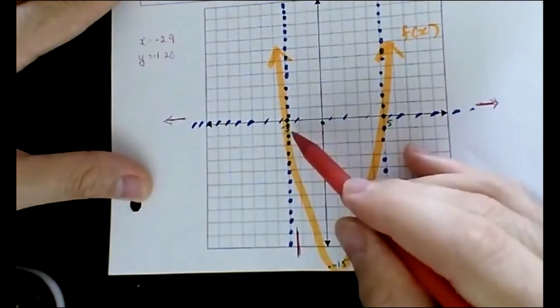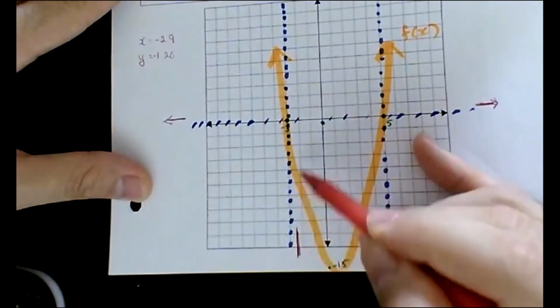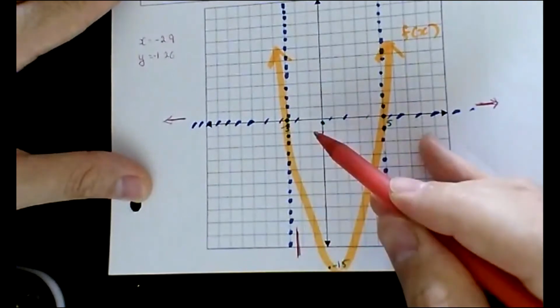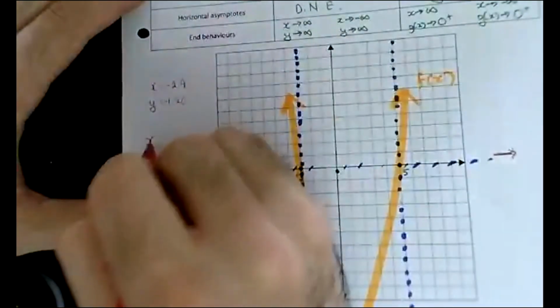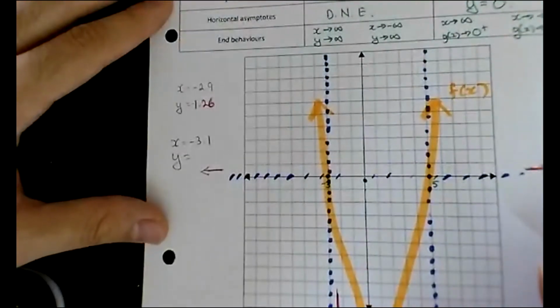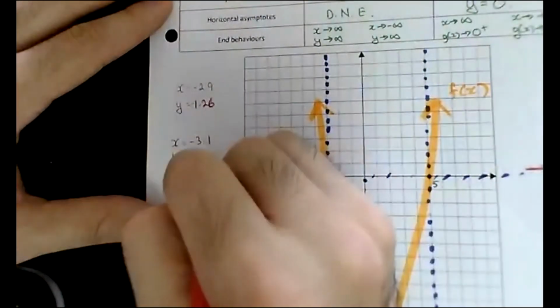You get it? Forget that. Try this. Can you try x equals negative 3.1? It's 1.2. It's a positive.